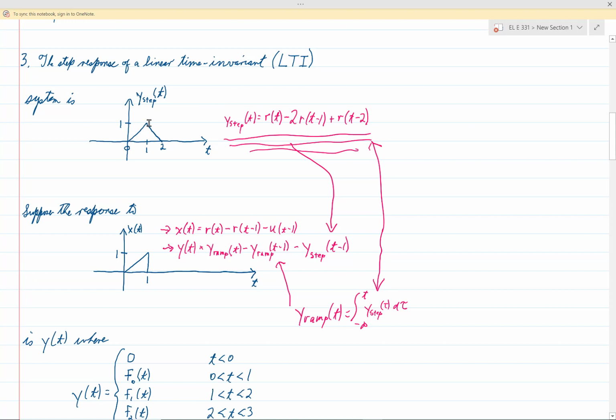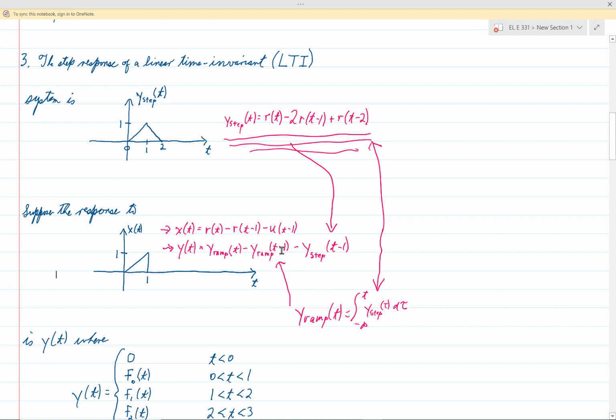That's equal to r of t minus 2r of t minus 1 to give us this downward slope of 1, plus r of t minus 2 to make it flatten out. So this is y step of t, r of t minus 2r of t minus 1 plus r of t minus 2. By shifting this by 1 unit, we could get this last term in y.